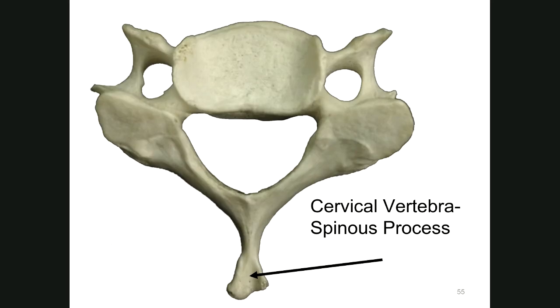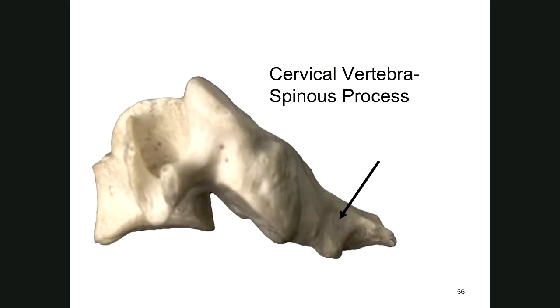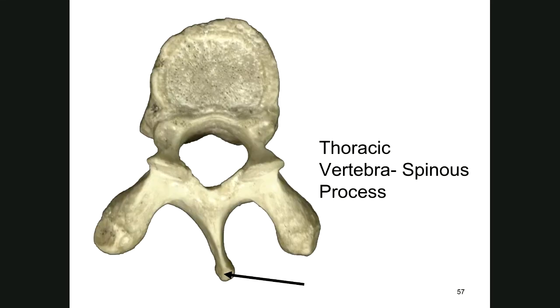All right, so here's the typical spinous process. All right, this is a superior view. Here's the lateral view. And then you can see it here on the thoracic.